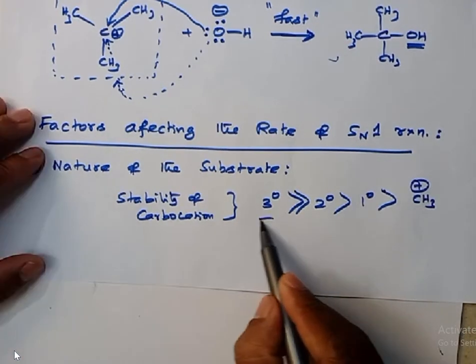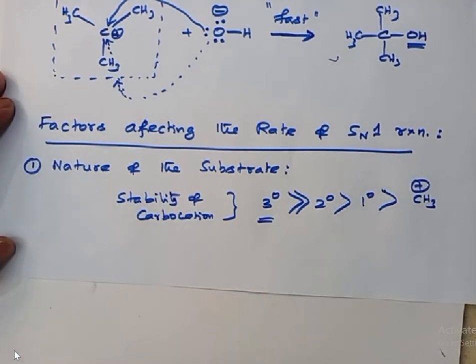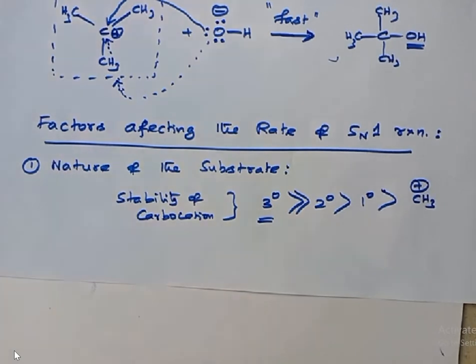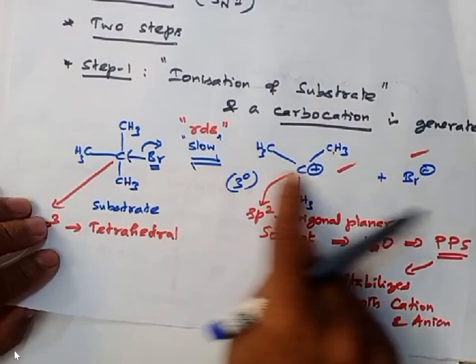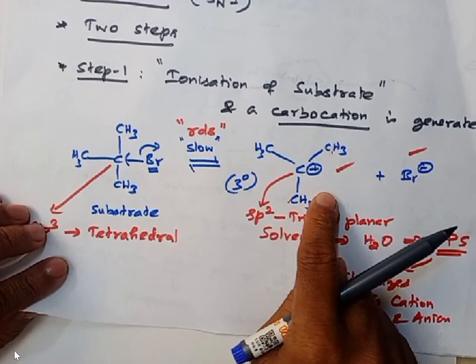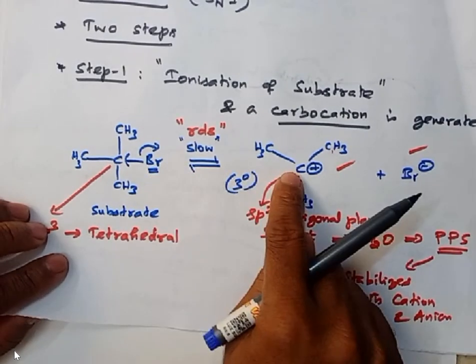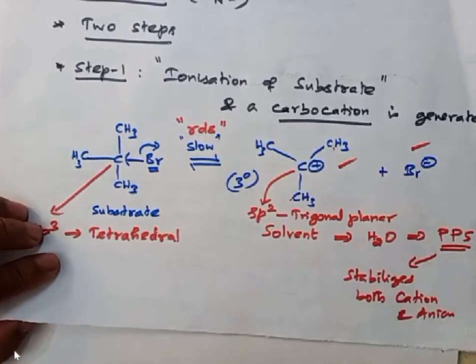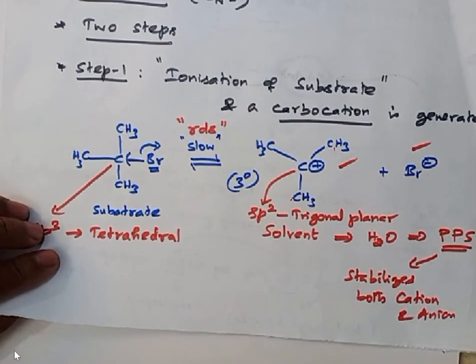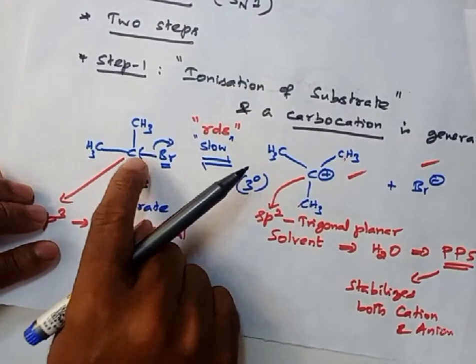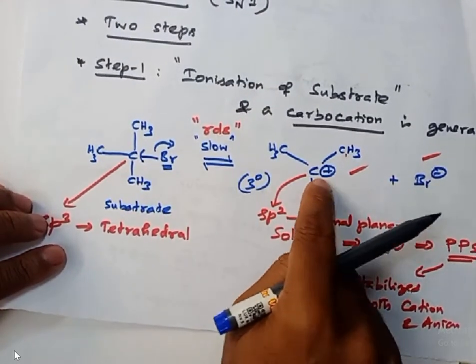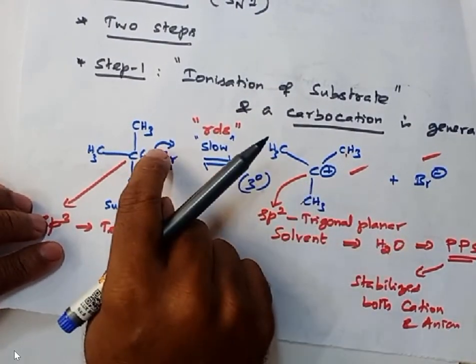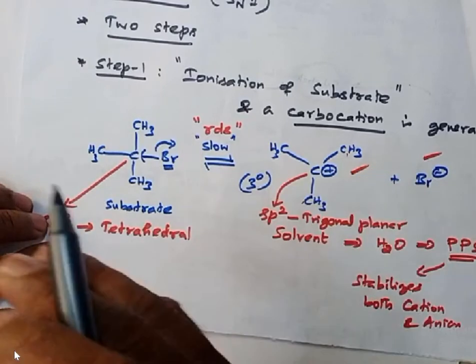This is a general order, keep this in mind. Tertiary carbocation is highly stable. Okay, so here what we want is for this ionization to occur. For ionization to occur, the carbocation should be highly stable. Then only does this ionization occur readily. Therefore, the substrate which can produce a very stable carbocation undergoes this reaction in a fast manner.